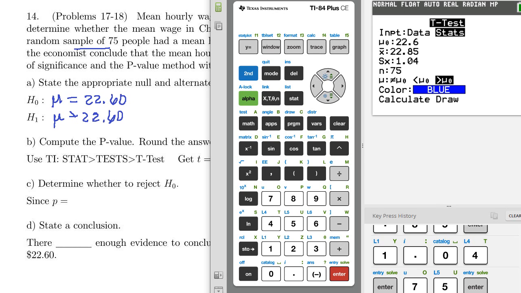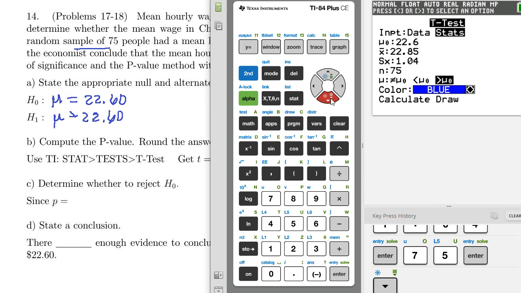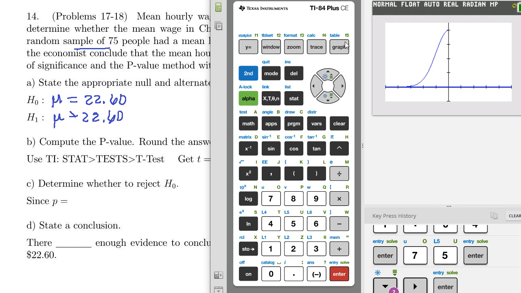And then we are testing to see if the wage increased, which is a greater than. So you can either calculate or draw. I'm going to go ahead and draw. So there's our distribution, and we can see that the test statistic and the area past it is on the right. So this is a right-tailed or upper-tailed test.